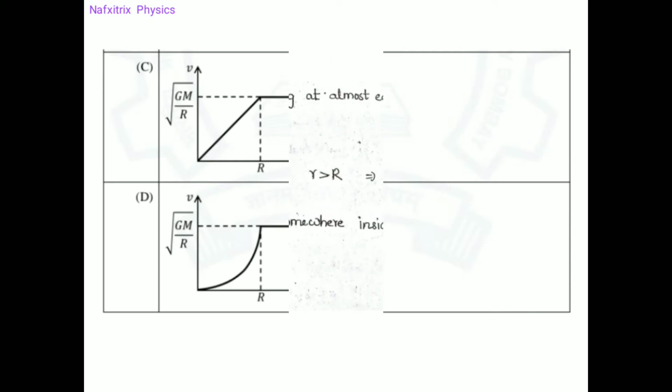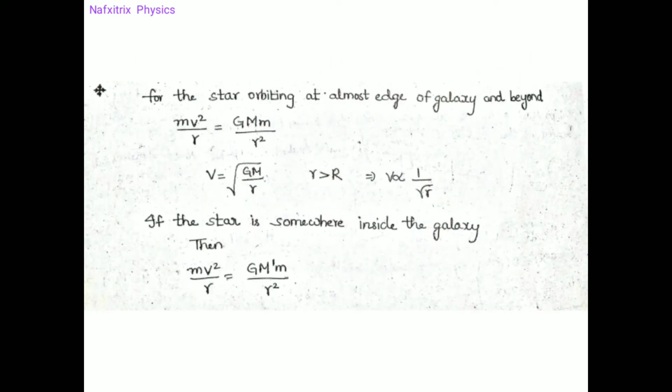For that, first we need to look at the relationship between orbital velocity and distance from the galactic center. Here it is given for a star orbiting at almost the edge of the galaxy and beyond. Suppose this is some galaxy, just imagine like that.